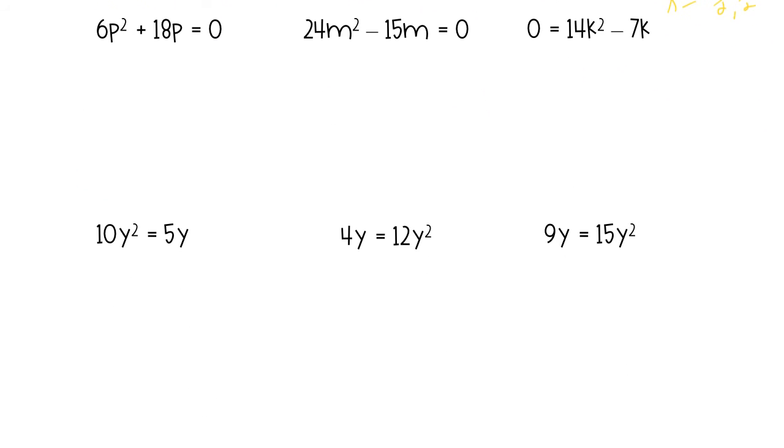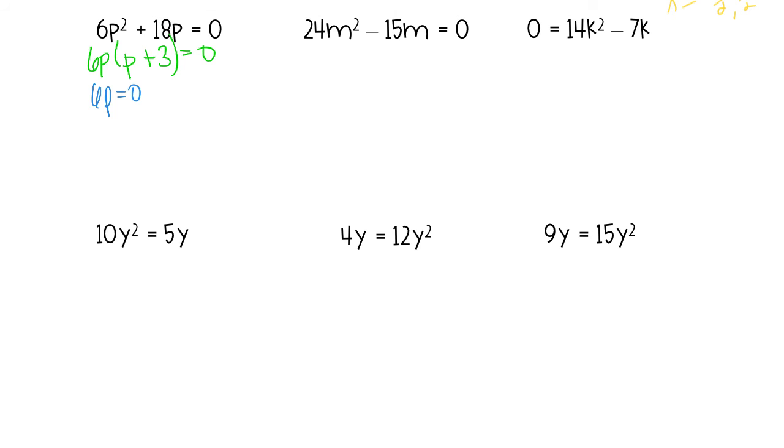Now, one little bonus extra step, we'll have to factor first. I know I can factor 6 out, and I know I can factor p out. So I'm left with p plus 3 equals 0. I set my first term equal to 0.